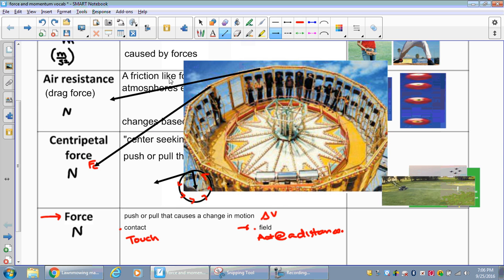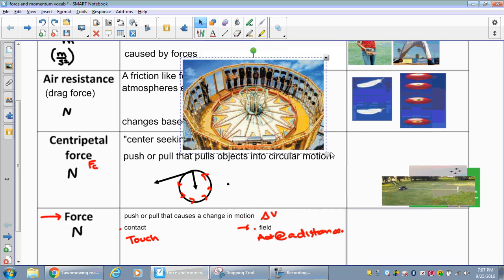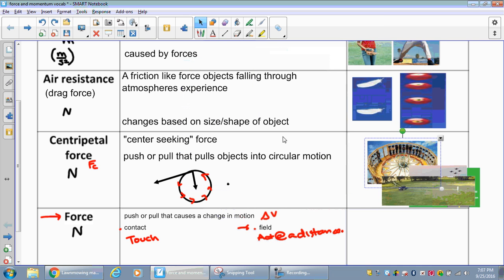This guy would fly off in a straight line this way. But because the walls are pushing towards the center, all these people end up moving in a circular motion. That's the outcome of a tangential speed opposed by a center-seeking force centripetal. So those are a few ways to find force centripetal.